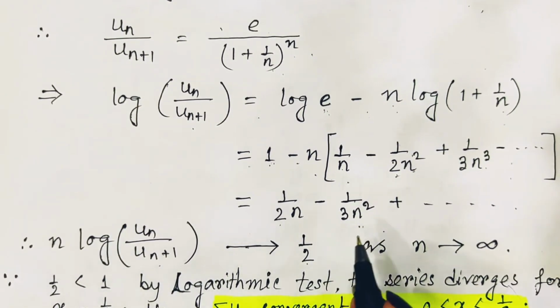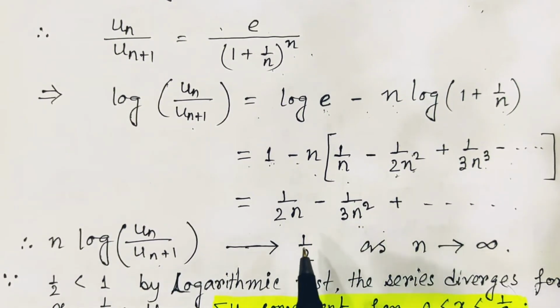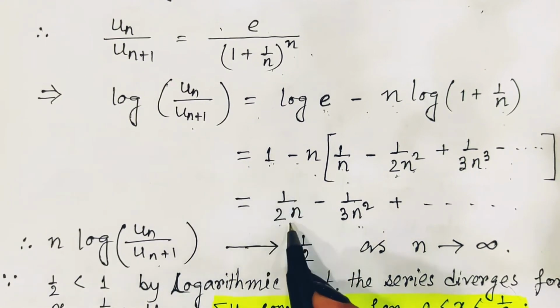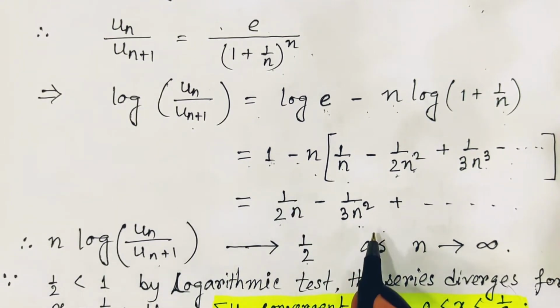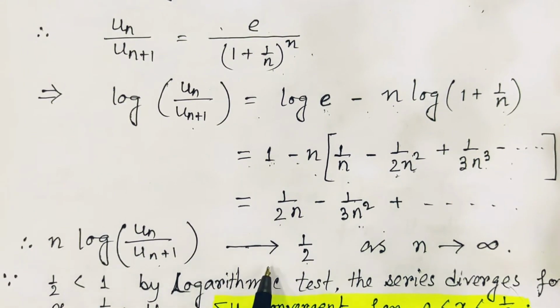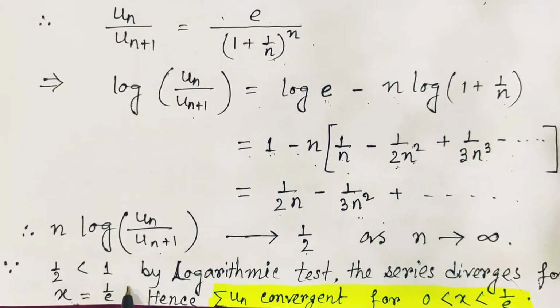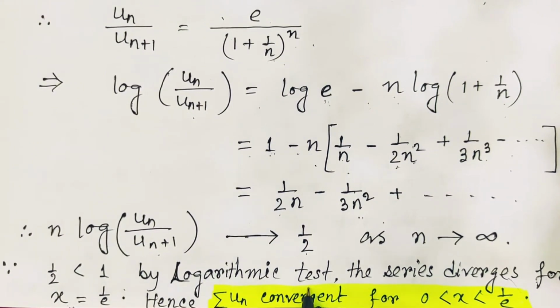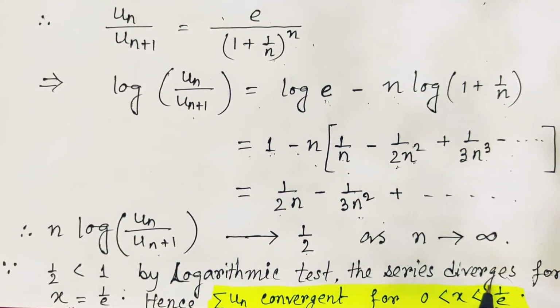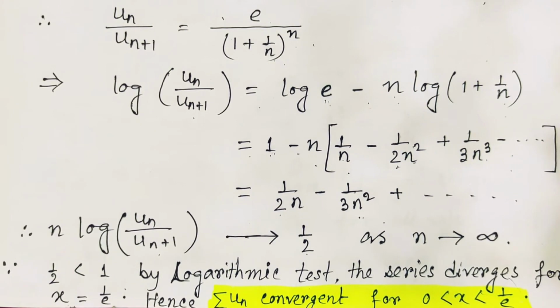That's why when we take n tends to infinity, except for the first term, all the remaining terms become 0, so this limiting value becomes half. So half means the value is less than 1. So by the logarithmic test, the series diverges for x equal to 1 by e.